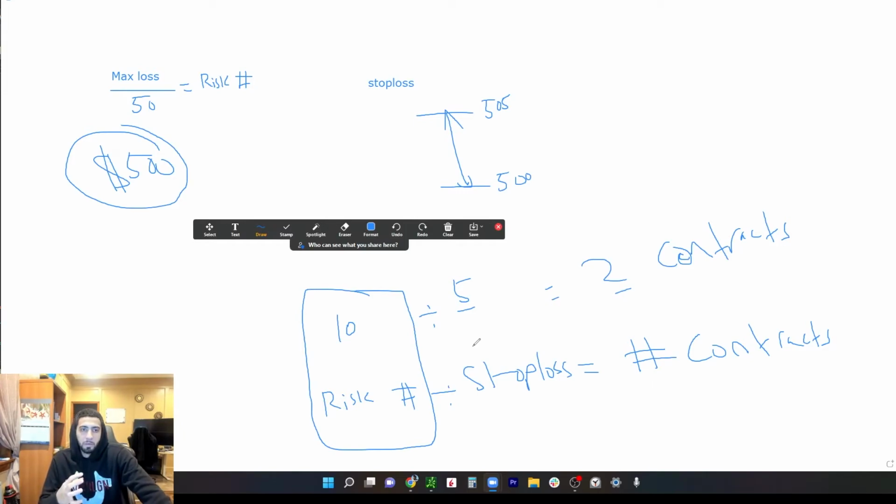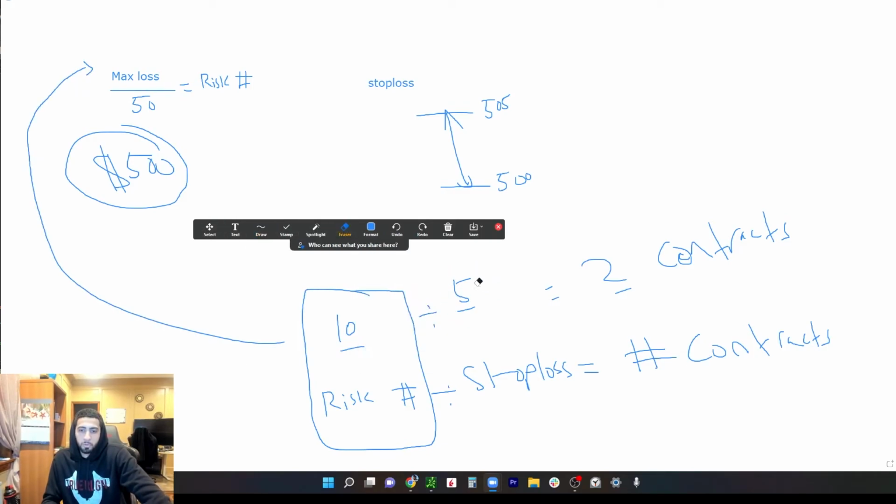All I have to think about is my stop loss, which makes me act in a professional mindset, and then I'll instantly be able to buy the right amount of contracts, right? Because 10 is staying the same, so the only thing that's changing is this. So you apply the formula real quick, boom, you get the amount of contracts that you should get. If it hits your stop, you're going to lose your original max loss anyway.